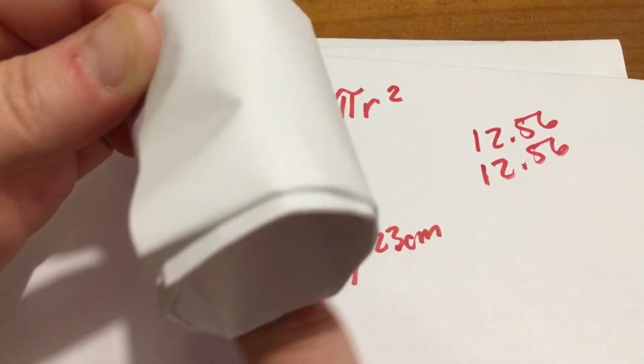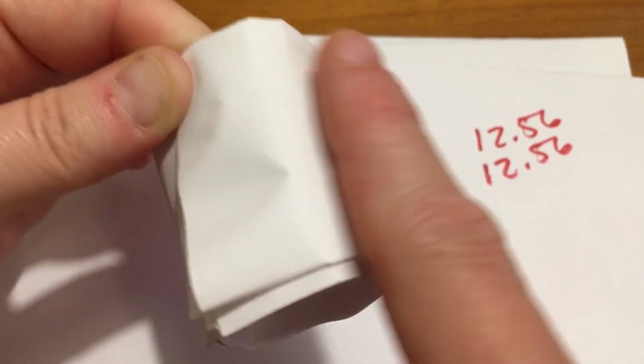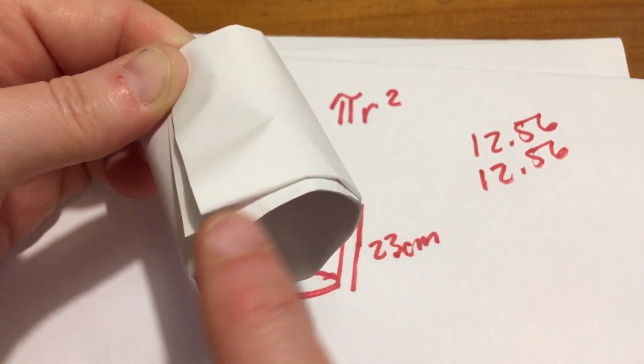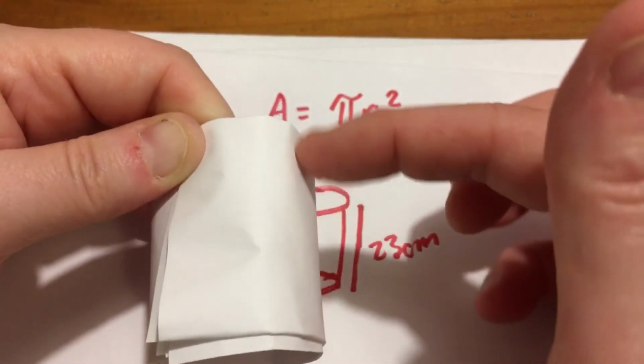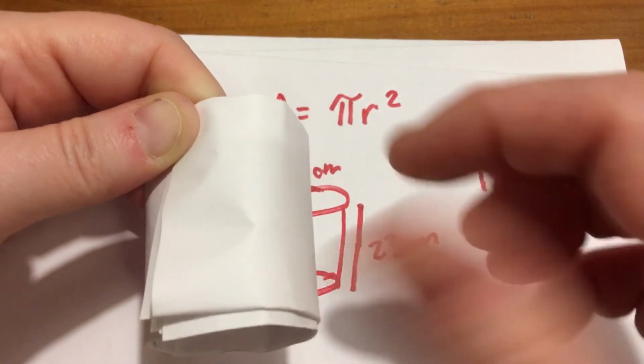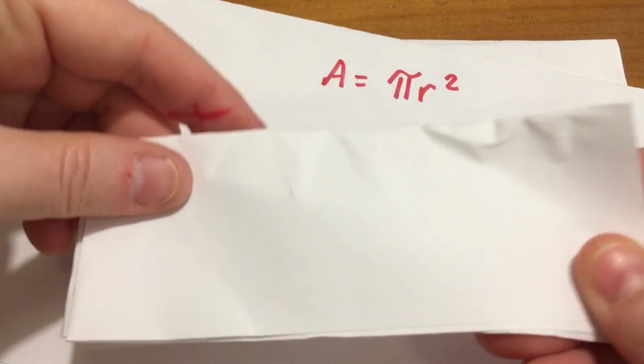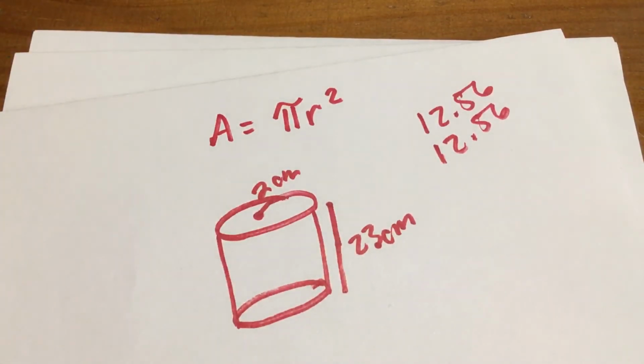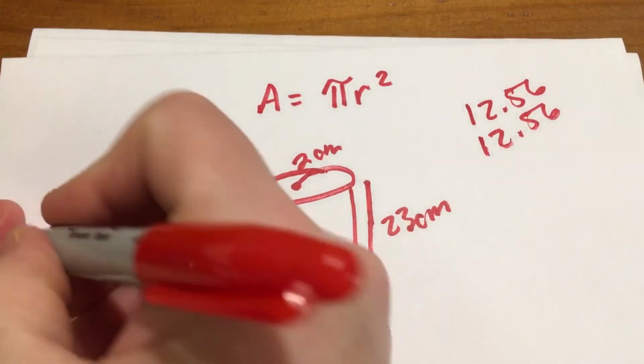So to find the surface area of the edge of this can or cylinder, we have to find the circumference of the circle and times it by the height. Like the rectangle, length times width. So let's do that. Who remembers how to find the circumference of a circle?